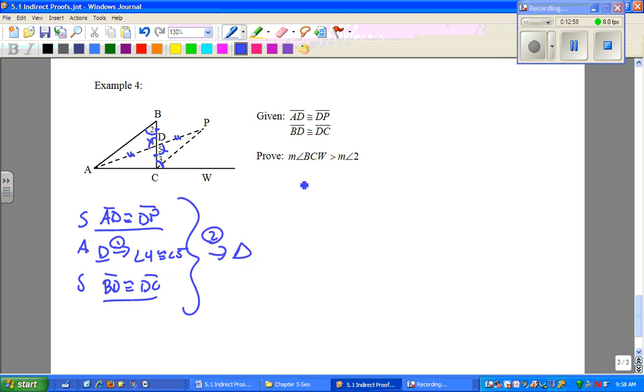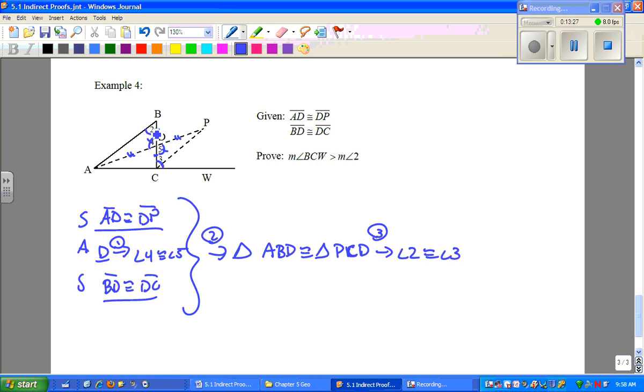Reason 2, we have triangle ABD is congruent to triangle PCD. Now those two are congruent. Now we can use our CPCTC step and say angle 2 is congruent to angle 3.